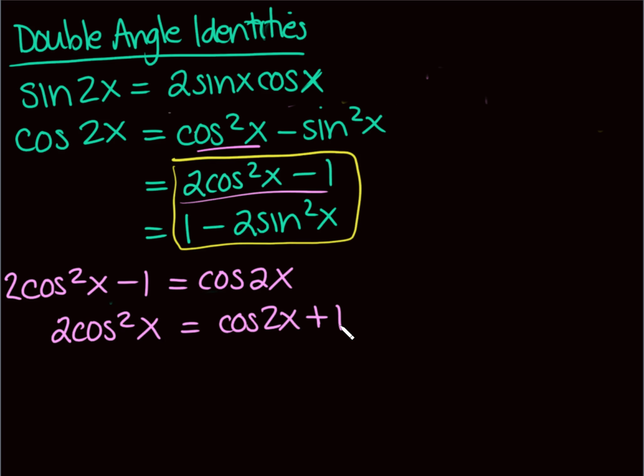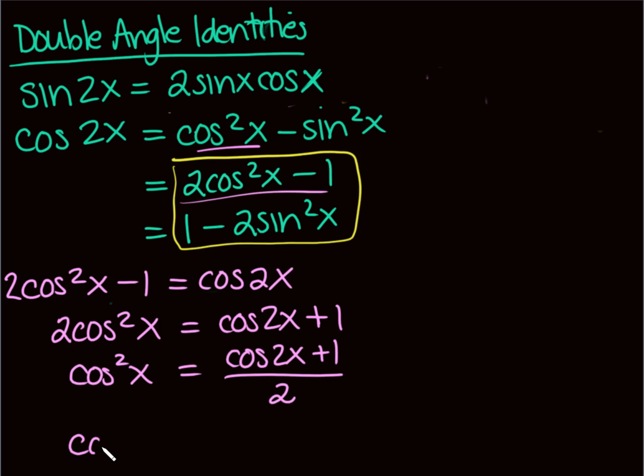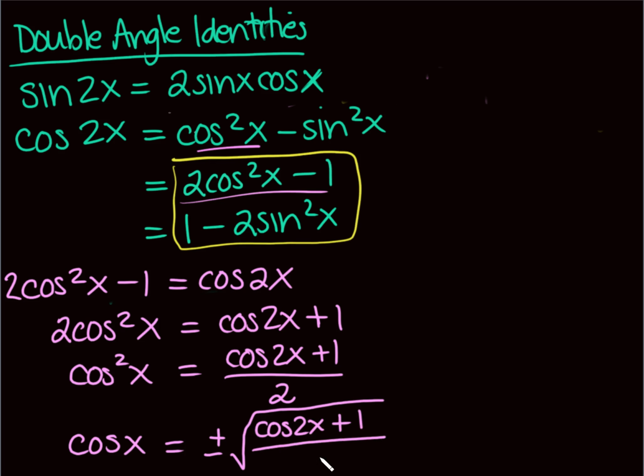I'm going to divide by 2, so I get cosine squared of x equals cosine of 2x plus 1 all over 2. And now I'm going to square root, remembering that when you bring in a square root that was not there in the first place, you must put a plus or a minus.